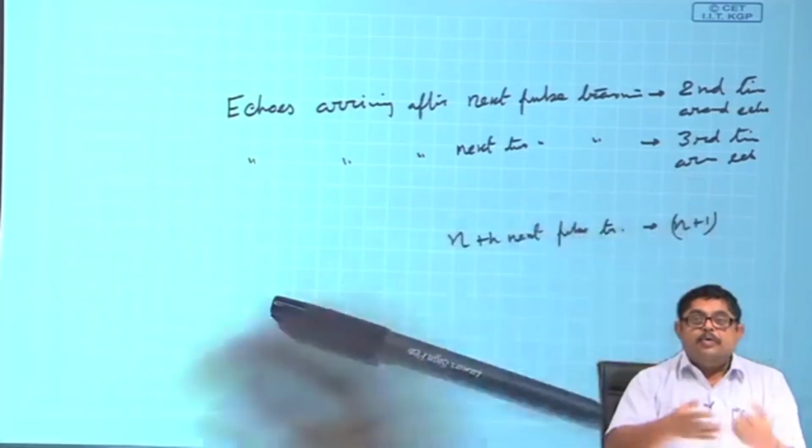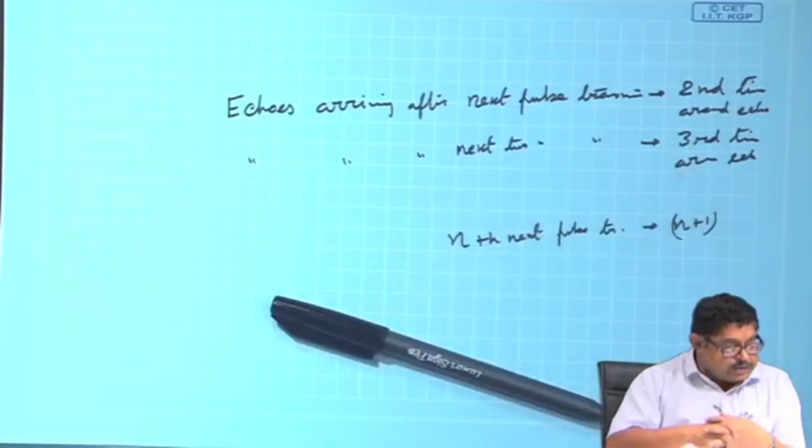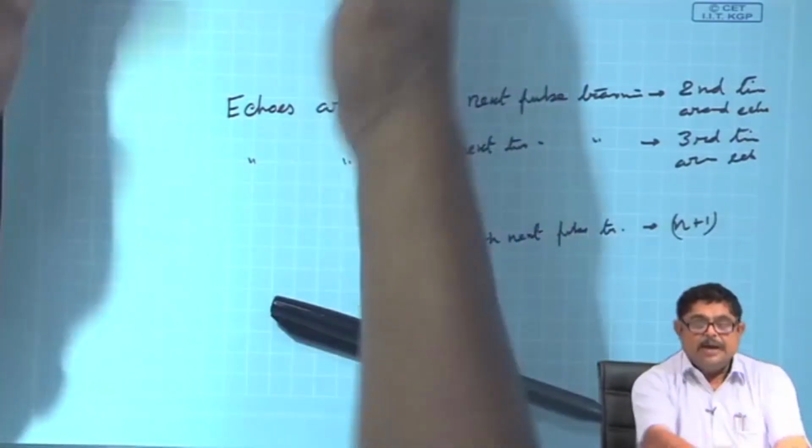So, now we can define what an unambiguous range is, because I have described it qualitatively.